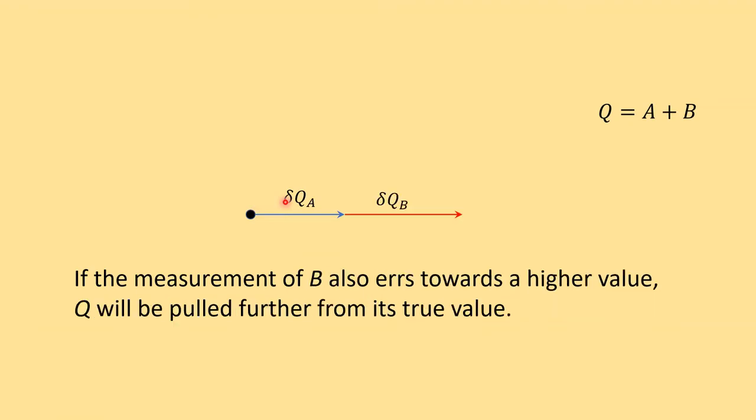Now, what if Betty also used a scale that tended to give her a number that was a little on the high side? So you're plugging in a value for A that's a little higher than it really is, and you're plugging in a value for B that's also a little higher than the true value for Betty's weight. So in other words, those two errors add, in a sense, they both sway the result in the same direction.